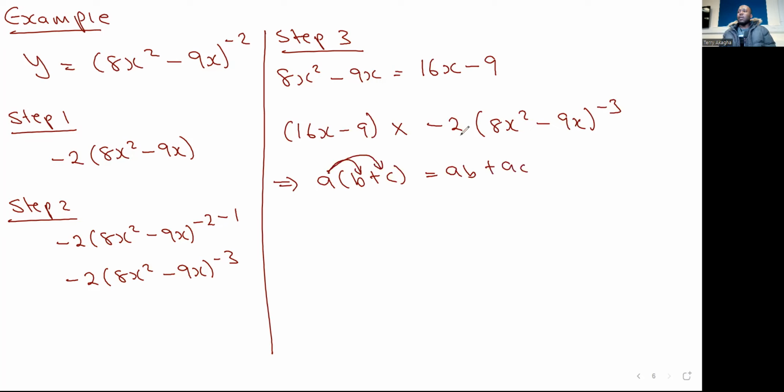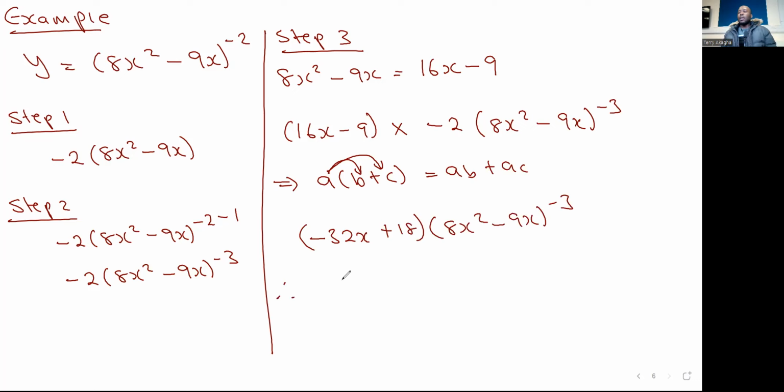So the same thing, when you want to open this bracket, it's going to be minus 2 times 16, and that'll give you minus 32x. Minus 2 times minus 9 will give you 18. And all this is going to multiply 8x squared minus 9x all raised to the power minus 3.